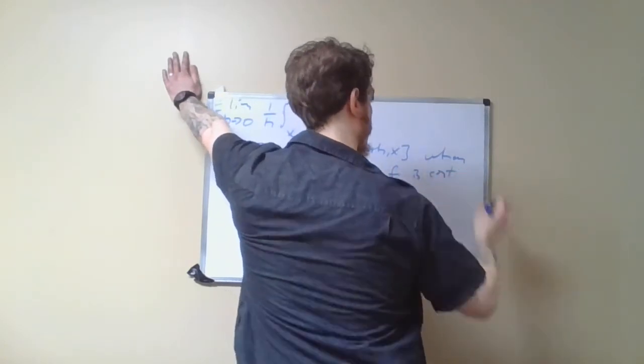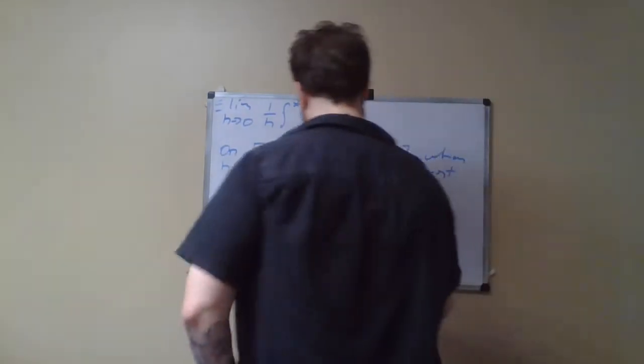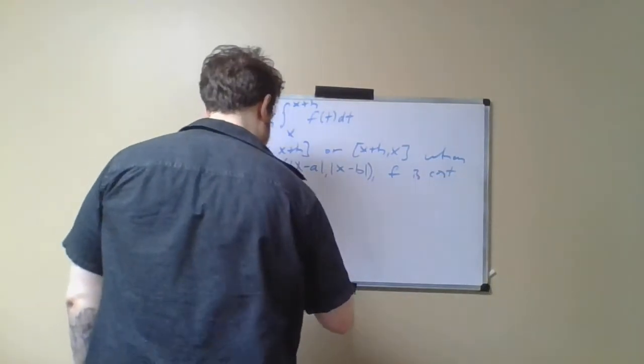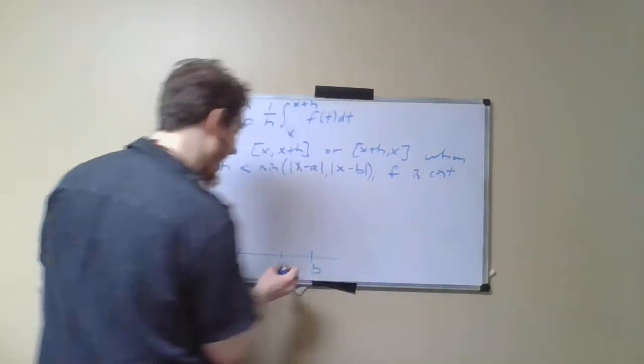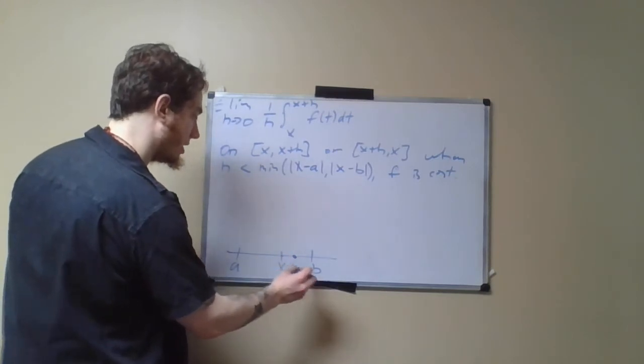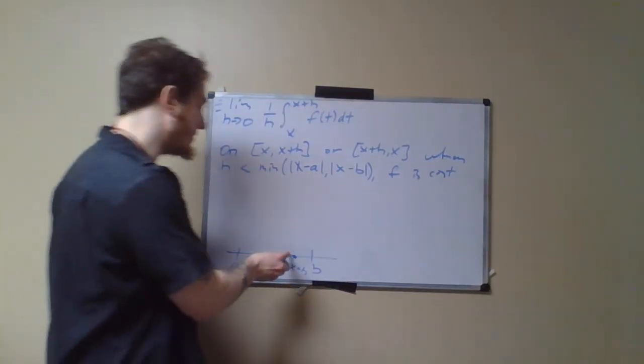f is continuous, because it's actually continuous from a to b entirely. So the point is that if I have, here's my a, here's my b, here is my x, as long as x to x plus h is reasonably small, f is going to be continuous on this interval.